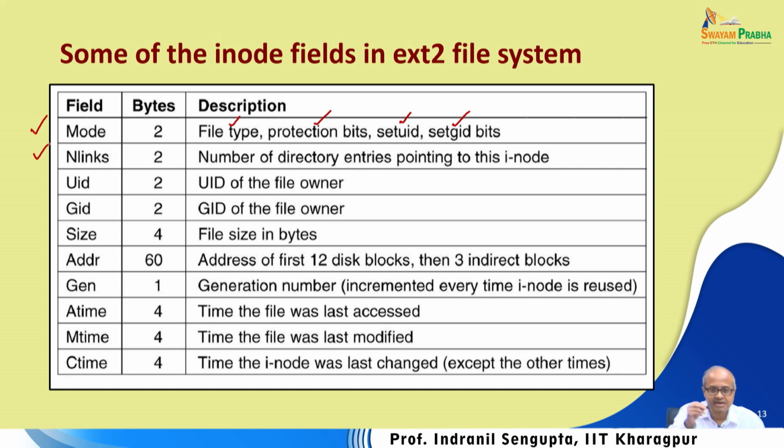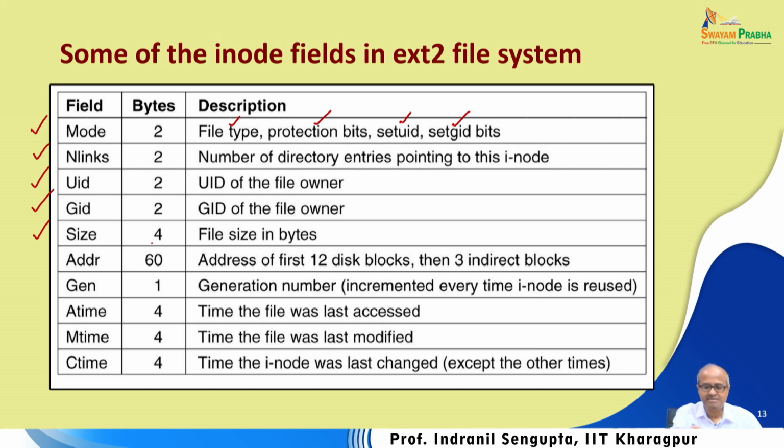Number of links, if this file is linked to some place, how many links are there, it keeps track of the number of links. And who is the file owner, UID, which is the group of the owner, group ID, total size of the file in bytes.